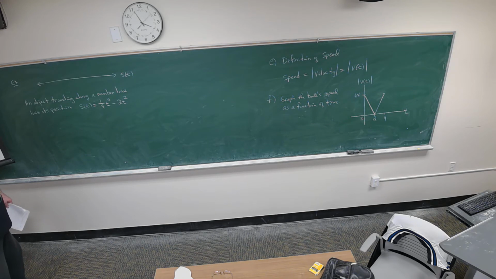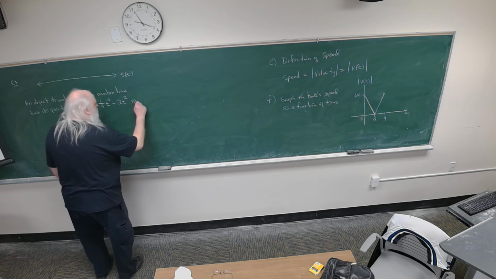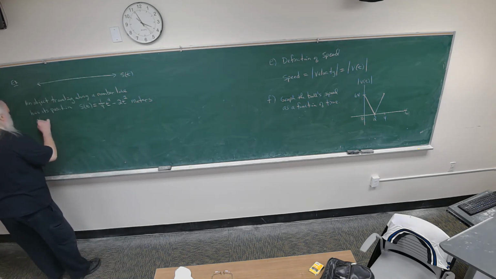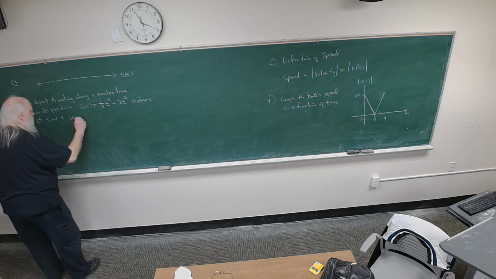An object traveling along a number line has its position S of t equals 1/4 t to the fourth minus 2t squared meters at time t seconds.